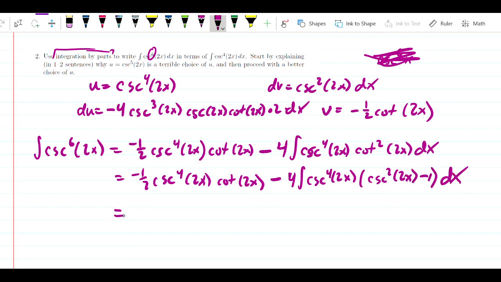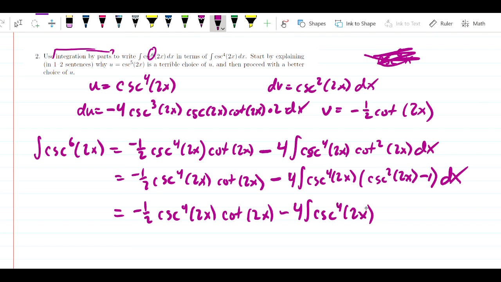So this equals negative 1/2 cosecant to the 4th 2x cotangent 2x minus 4 integral of cosecant to the 4th 2x, and then plus 4 integral of cosecant to the 4th 2x dx. Sorry, there should be a dx in there.